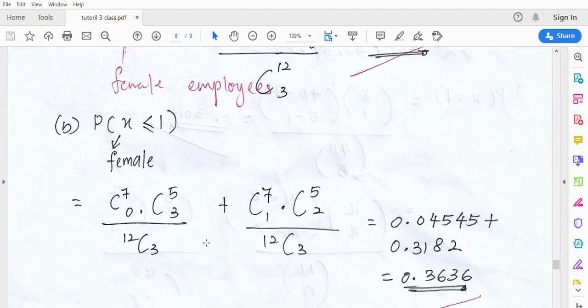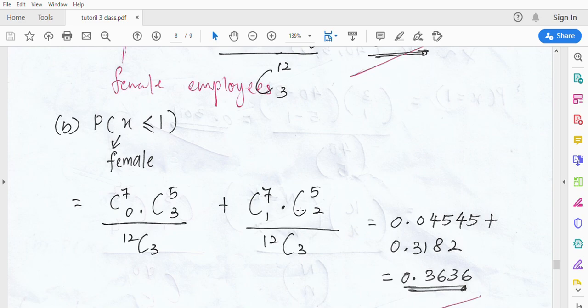And B is find the probability that at most one of them is female. So at most one means either none of them or one of them. So 7 choose 0 times 5 male choose 3, because we only need 3.